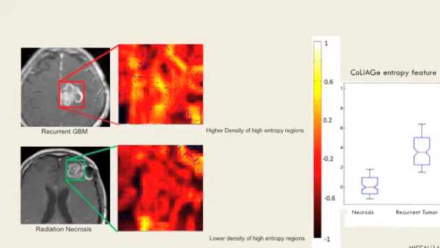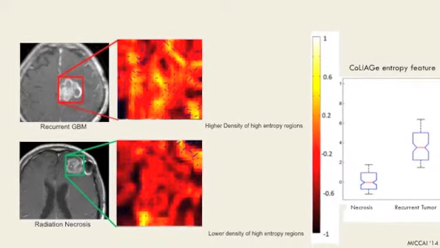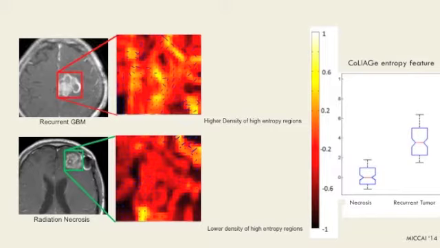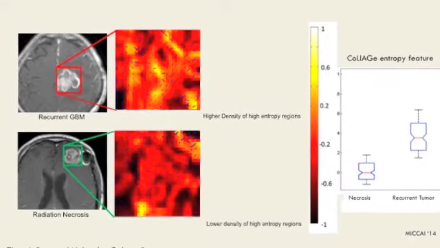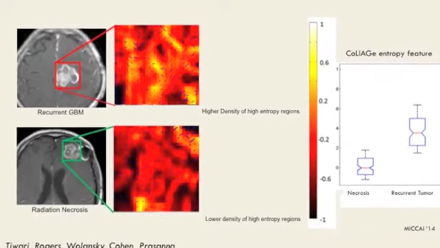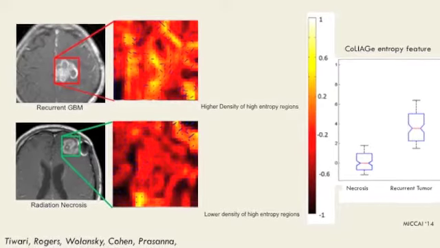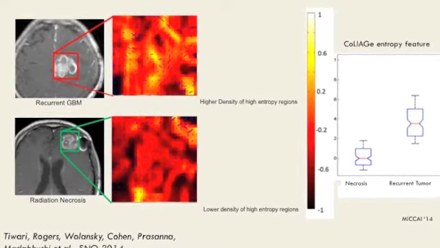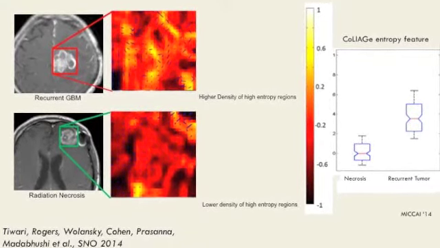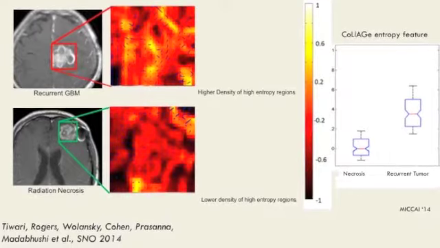We actually looked at now 48 cases of recurrent tumors as well as radiation necrosis. And what was very, very interesting is when we looked at these subvisual image gradients and quantified it using that entropic measure I talked about, the entropic expression actually was significantly different between radiation necrosis and recurrent tumors.